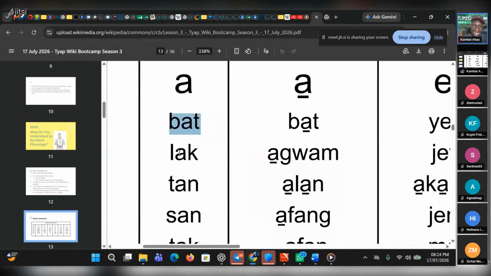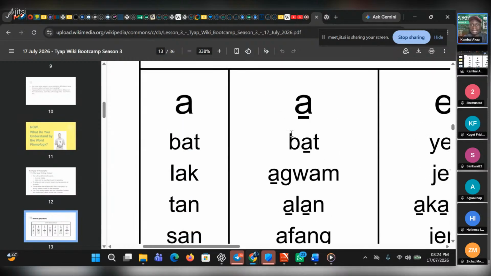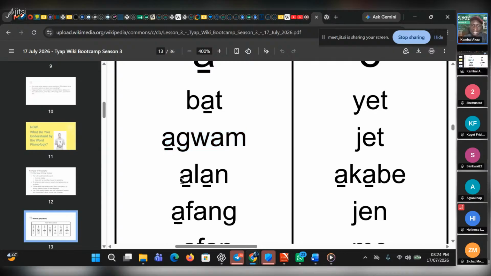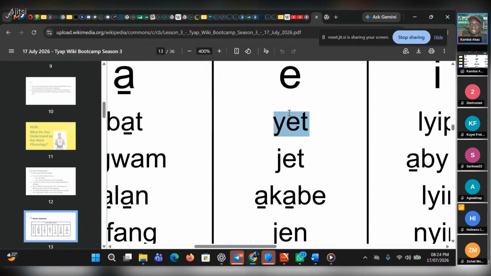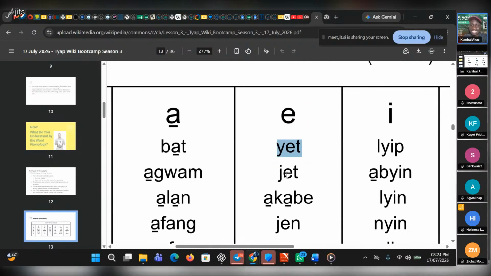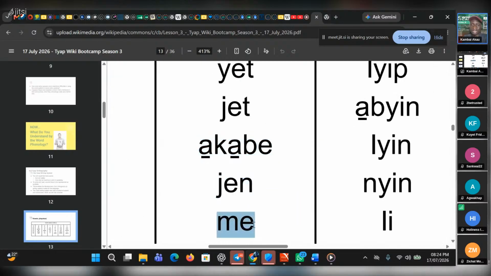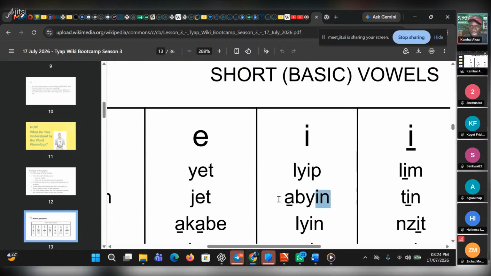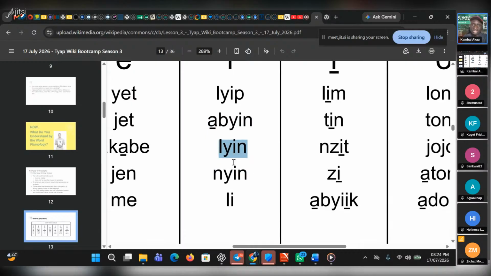Bat is wall, lak is to refuse, tan is to pay, san is to buy, tak is leg, but is many or much, ogwam is king, ellen is pot, a fan is a stone, and a fun is fish, and then yet is to be or something that's good, and jet is cricket, and akabe is like a pet, gen is time, and may, even.